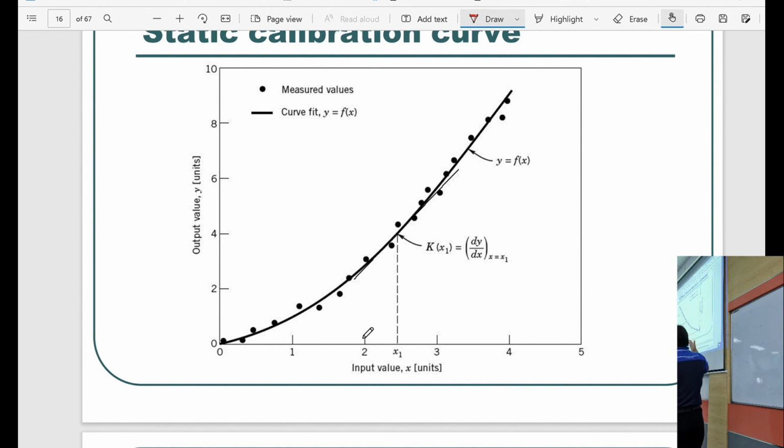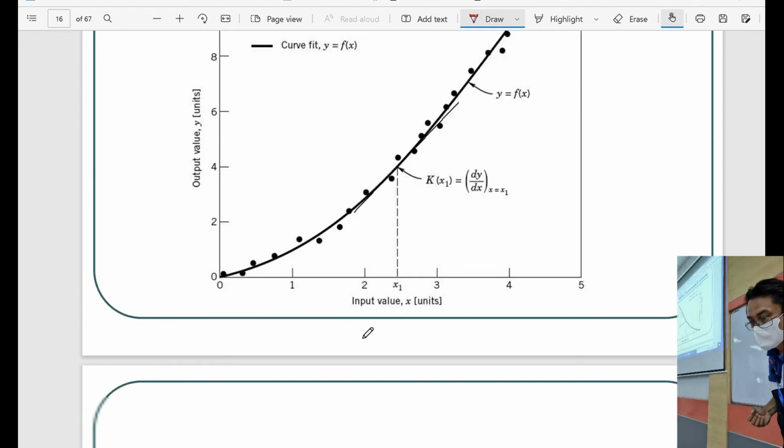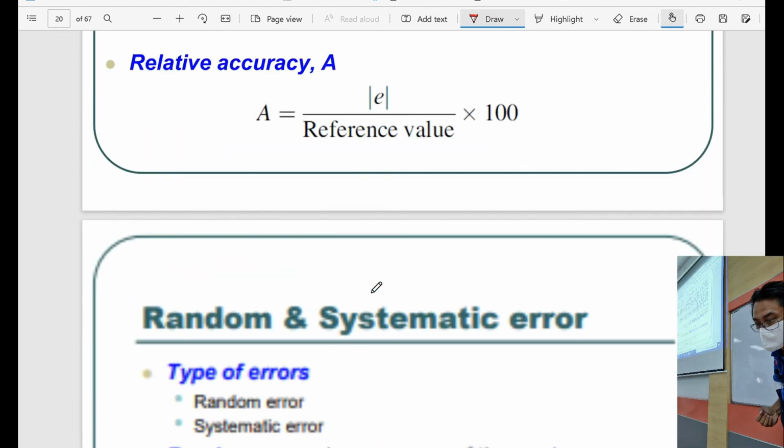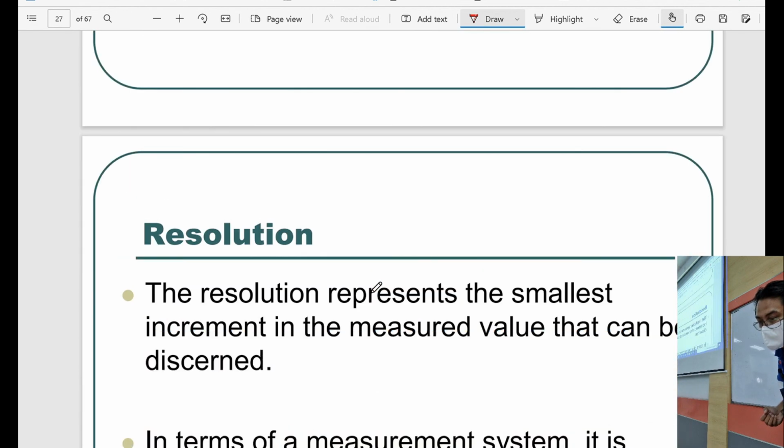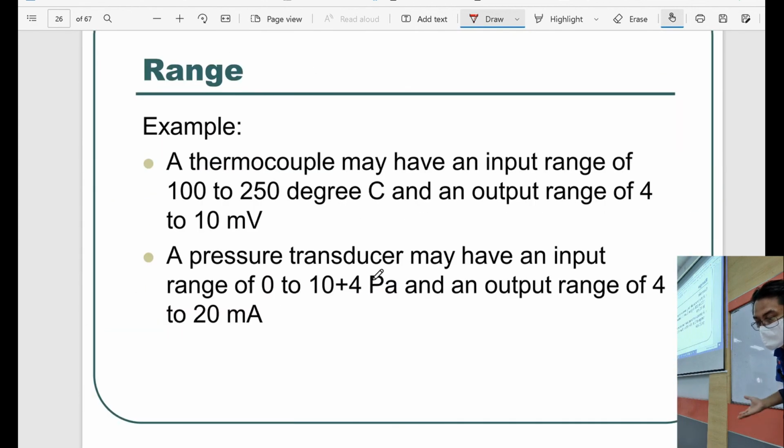If I say full scale input, it's from 0 to 4. So you have to recognize what is FSI and what is FSO. Alright, and then, sorry, I move forward. This is an example of the range.